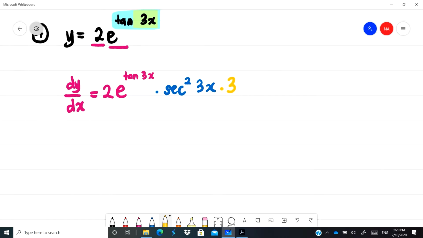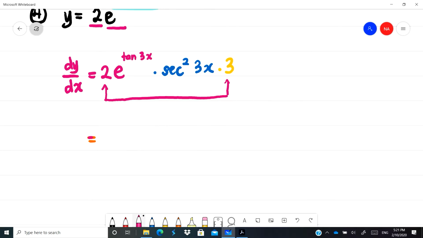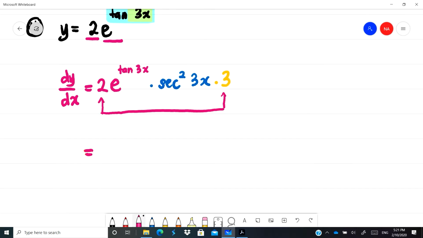Please take note that these 2 and 3 can be multiplied together. 2 multiplied by 3 gives you 6, so 6 e to the power of tan 3x, then you have sec squared of 3x. That's your final answer.